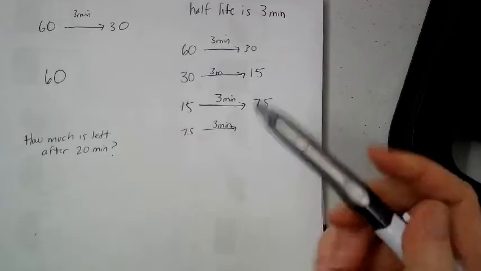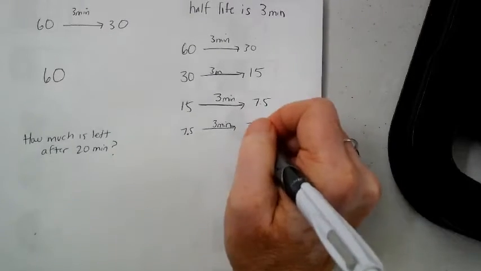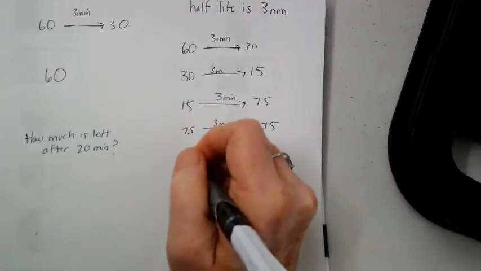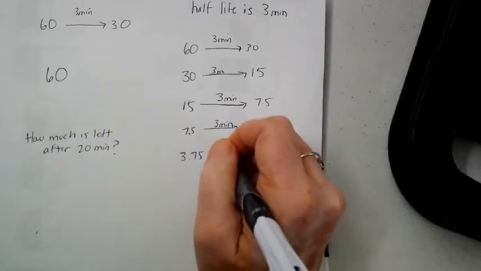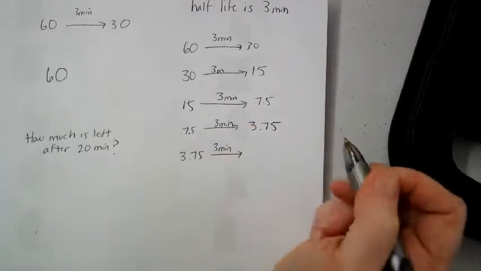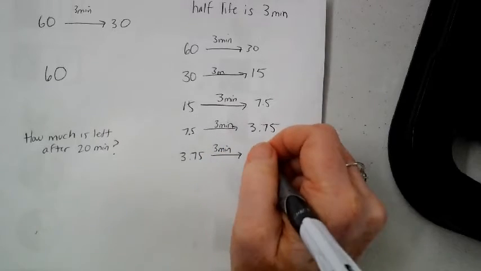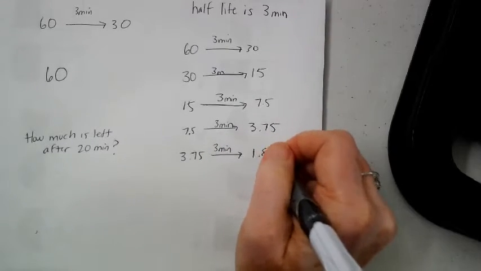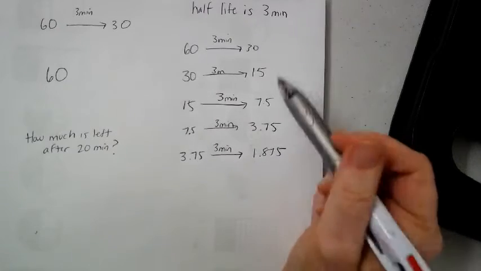After 12 minutes, I have whatever half of 7.5 is. You know there's a better way than this, but this way you could probably understand. Half of 3.75 is 1.875. And I want to go for 20 minutes and see how much is left.